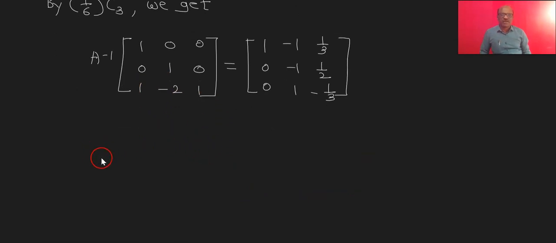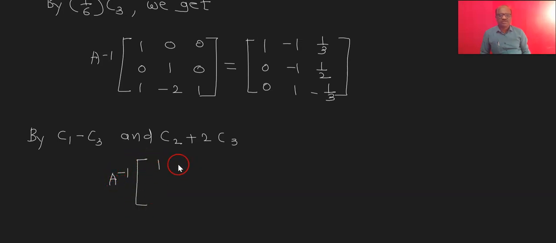Next, by the operation C1 minus C3 and C2 plus 2 times C3, therefore here you will get the identity matrix 1, 0, 0, 0, 1, 0, 0, 0, 1.